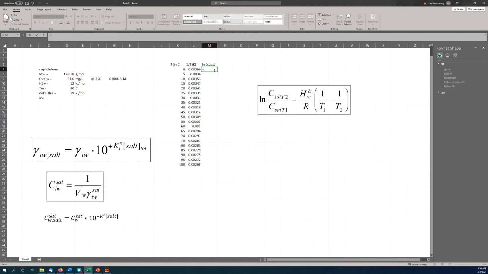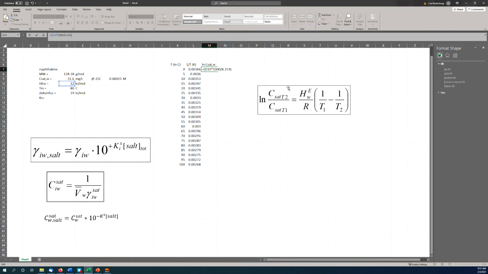It would be HEW. I'm going to put some parentheses in here. So here's HEW. Again, multiply it by 1,000 so that we can match units, divided by 8.314 joules per mole Kelvin. And actually, I'm going to take out this parenthesis right here and put it over there. Okay, so that's the first term, right?